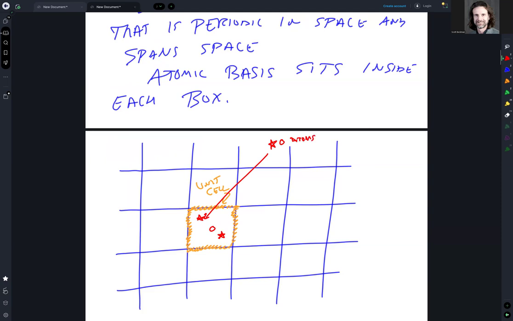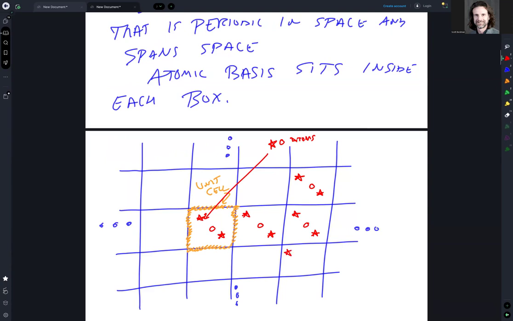So now this atomic basis is going to sit in every single one of these. And I should draw dot, dot, dot, because our periodic lattice goes off to infinity in all directions.